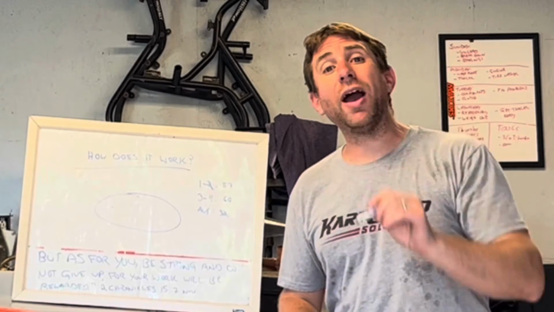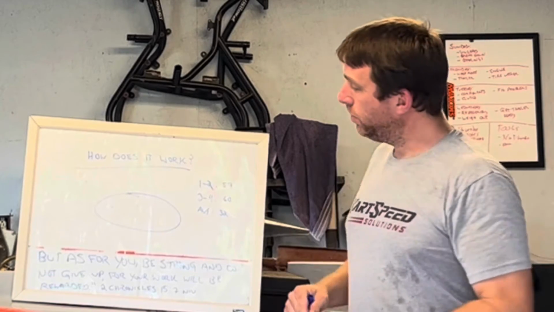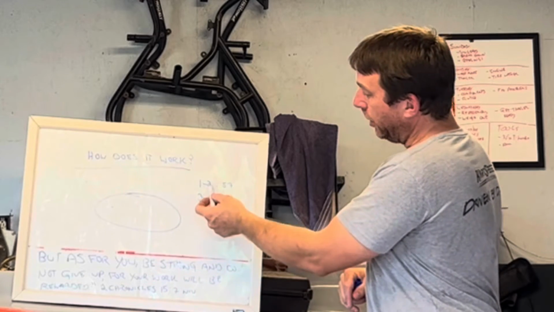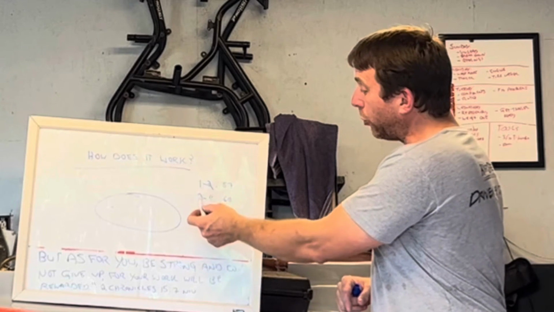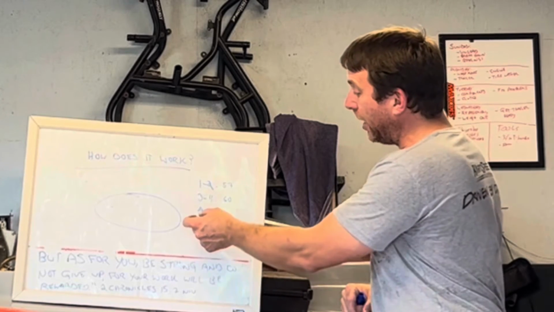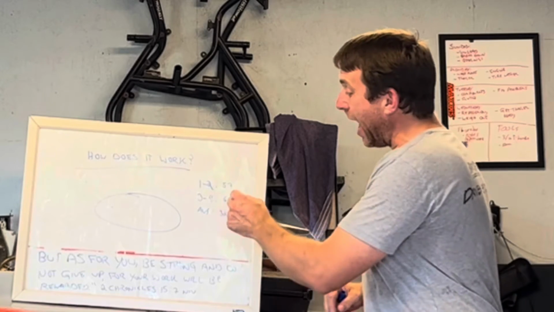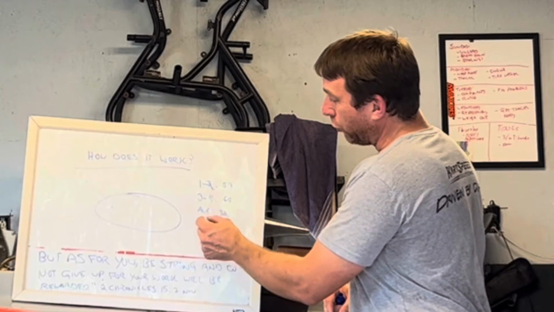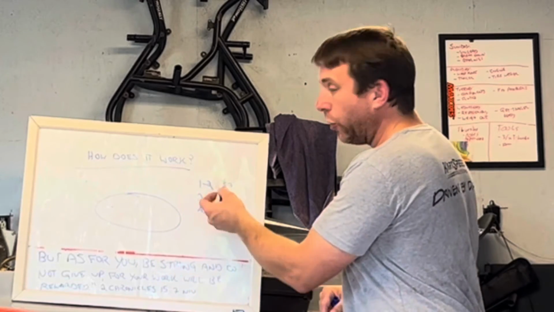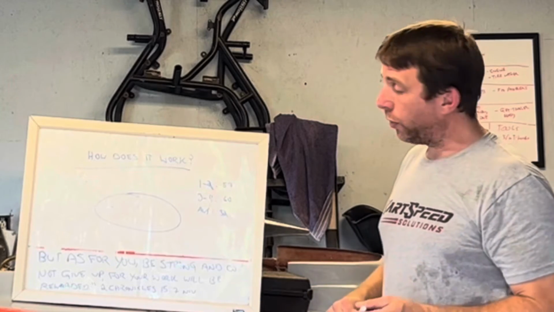But this is where the graph becomes important, and how to read the graph. This is how the page looks. You have your graph here, then turns 1 and 2 with an LG number, turns 3 and 4 with an average LG number, and then a total lap average LG number. The total average takes the straightaways into account, while turns 1 and 2 only look at turns 1 and 2, and turns 3 and 4 only look at turns 3 and 4.